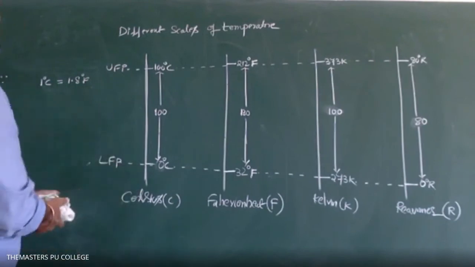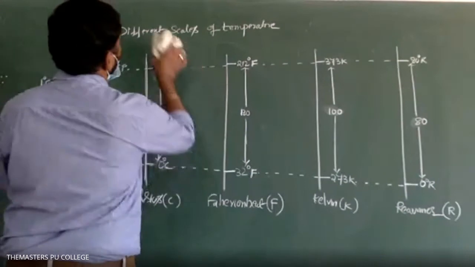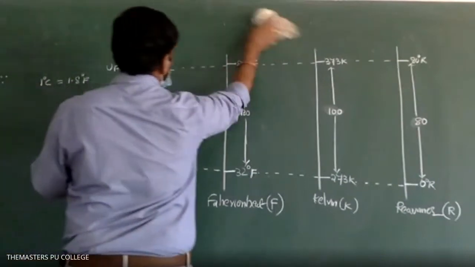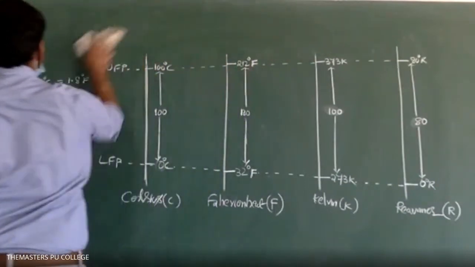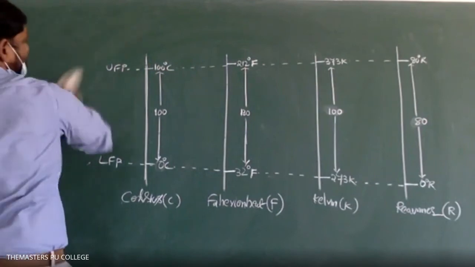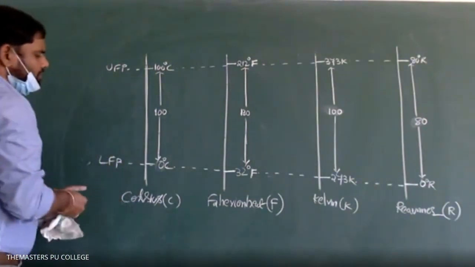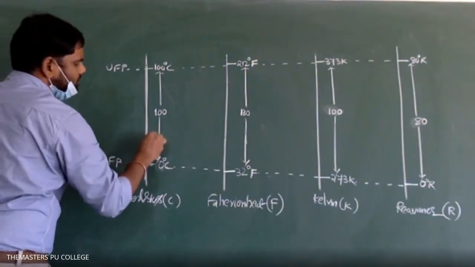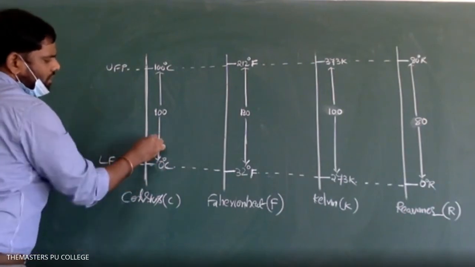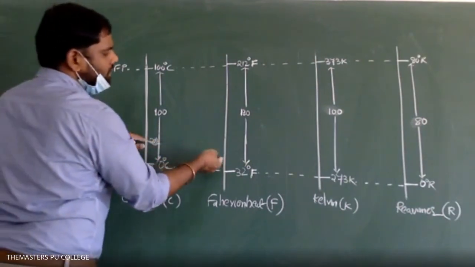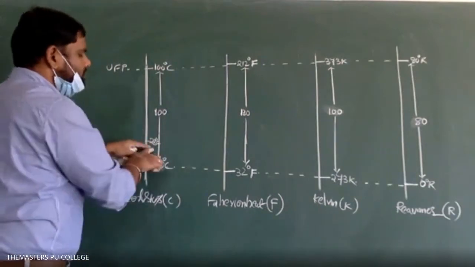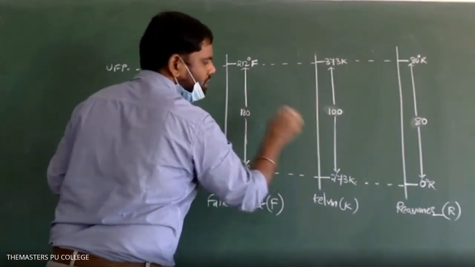So the next one is how to transfer temperatures between different scales. For example, the temperature is 28 degrees centigrade. This 28 degrees centigrade is equivalent to how many Fahrenheit? How many Kelvin?